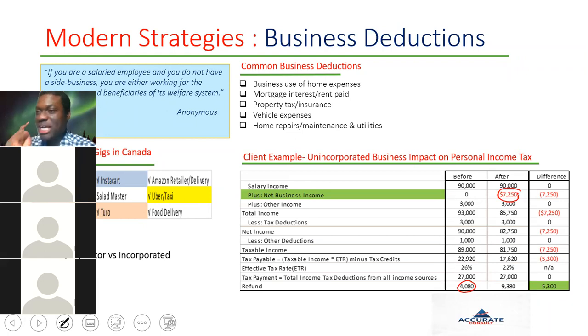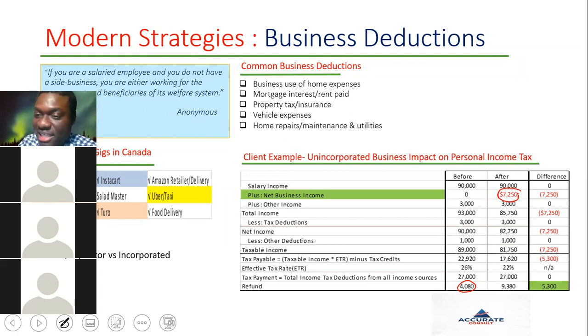For you to do this, you must have documents to support your claims, because this can trigger an audit, and you must be able to show CRA what you make in your business, the receipts showing all your expenses, and the net profit on your sole proprietor business.